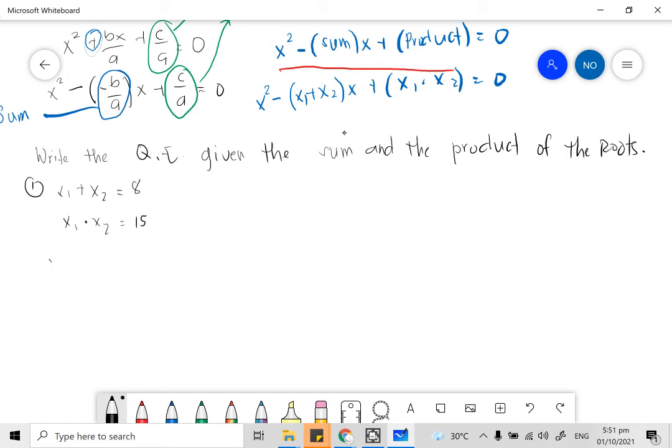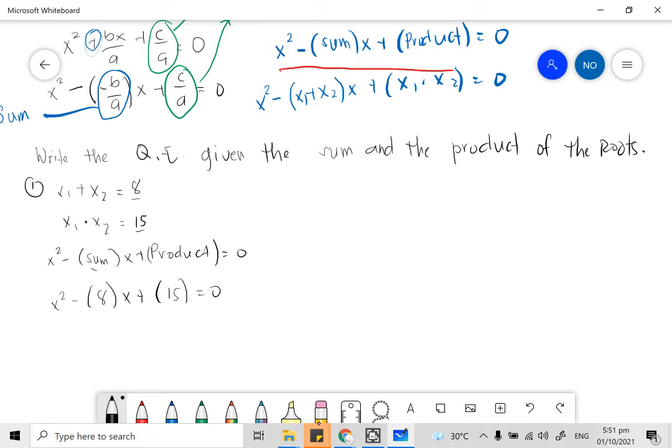So, we have x squared minus the sum x plus the product equals to 0. Ano ba yung sum dyan? Ang sum dyan ay yung 8. X squared minus 8x plus the product is, ayun, 15.